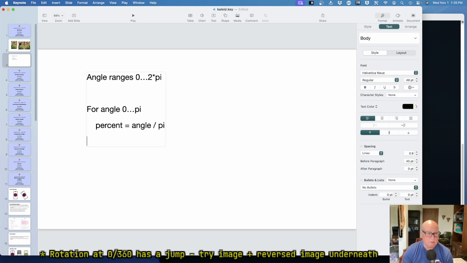Now, for angle in pi to 2 pi, percent is, well, we've got to do something to flip it, right?